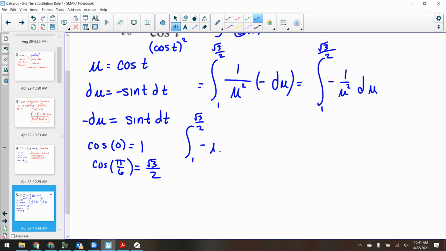Turn that into negative u to the negative 2 du. And now to perform the integral, it's a negative u to the negative 1 over negative 1. Oh, I see why I left it. Because what's going to happen to that negative? It's going to cancel.